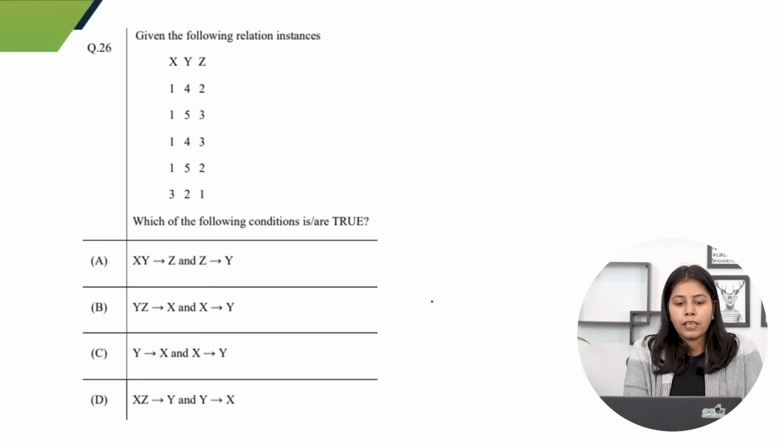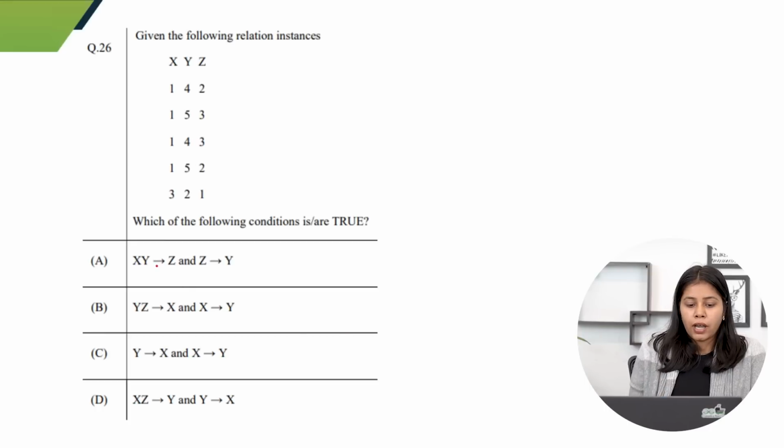Now the next question we have is: given the following relation instances, which of the following conditions are true? So we have to tell which of the conditions is true. This is a relation schema. So I have to check that when I'm taking xy, then I am getting z here, and when I'm taking z, then I'm getting y.